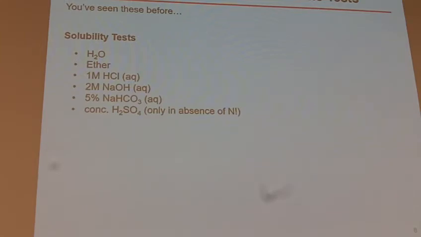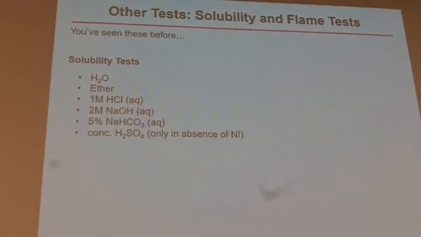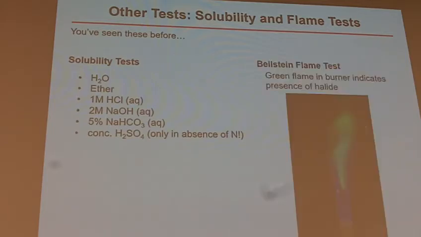So in your lab manual, it tells you under solubility where you need to test for that. So in experiment 18, it lays out information as far as positive and negative results for solubility tests. If it mentions the bicarbonate test, then you would also do that one. And then concentrated sulfuric. And remember, if you have nitrogen, do not do that test. Okay, so if you have positive for nitrogen, do not do the sulfuric acid test, all right?